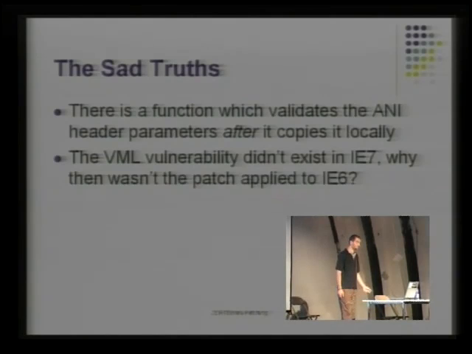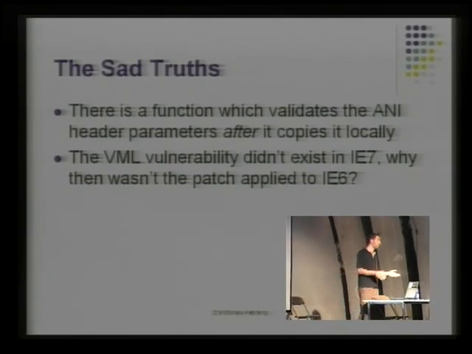Another thing is the VML. The VML vulnerability didn't exist back in Internet Explorer 7, only in some versions of it, and of course now it's all already patched. But I ask myself, if it was already patched back then when the 0 day was released or in the wild, then why didn't Microsoft patch Internet Explorer 6 in time or before the 0 day?